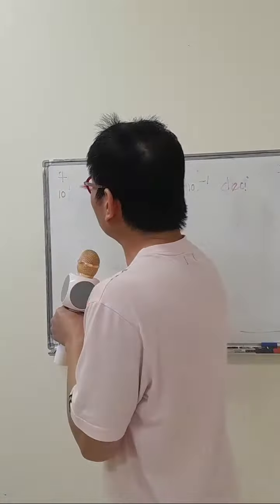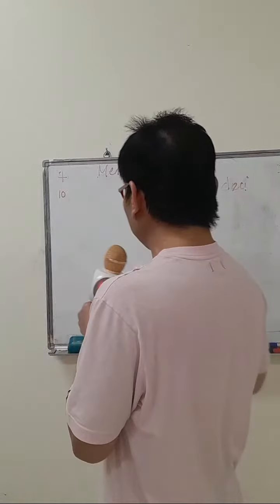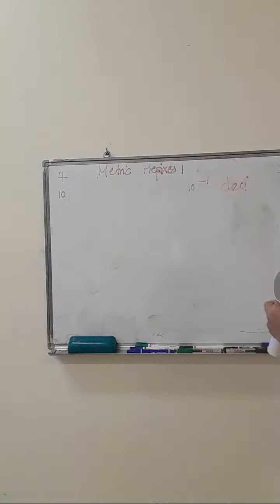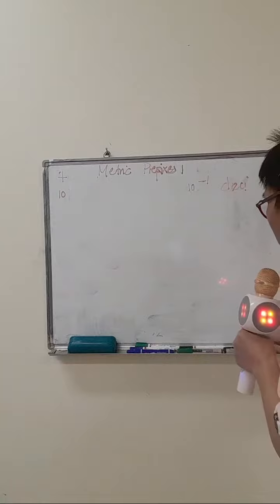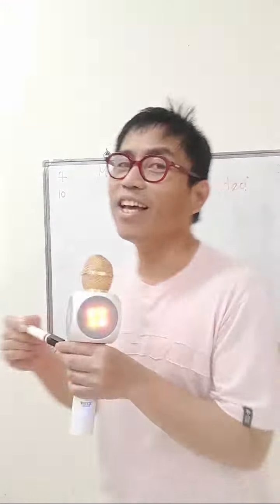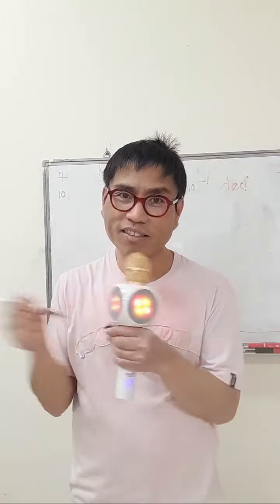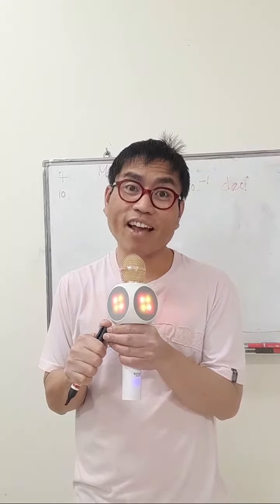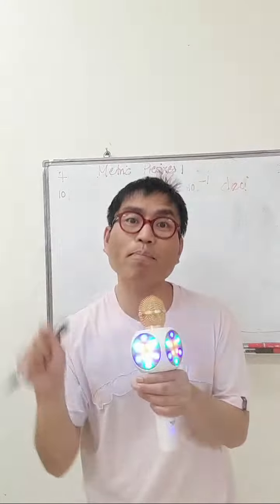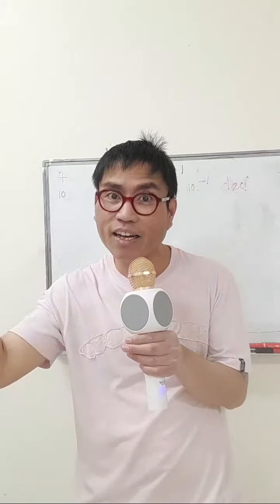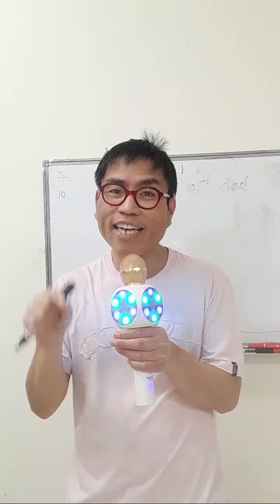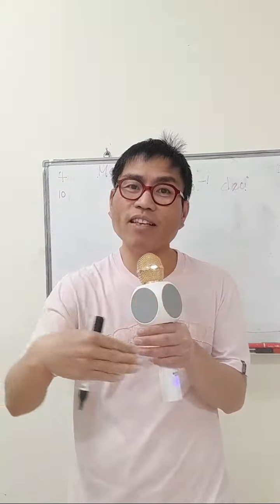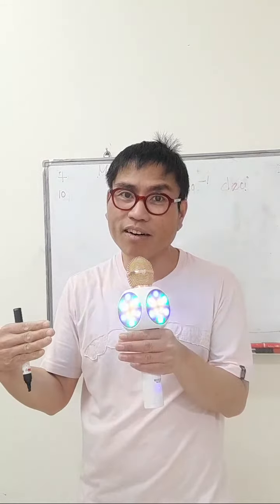So 10 raised to the power 1 is deca. That's why we have decagon. A polygon that has 10 sides, because 10 raised to the power 1 is deca. The prefix is deca, and adding gon, because that is polygon.